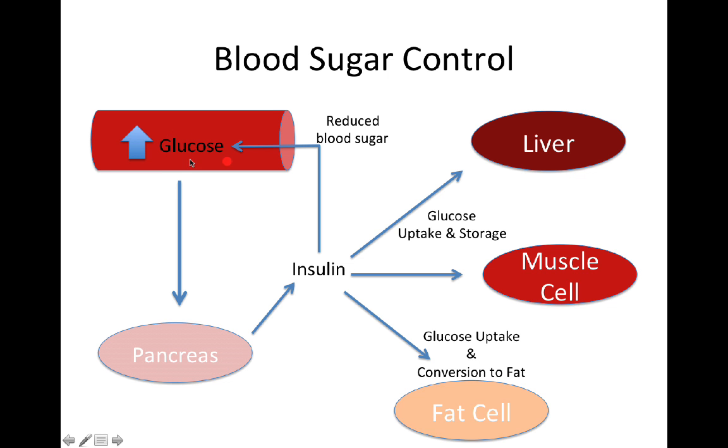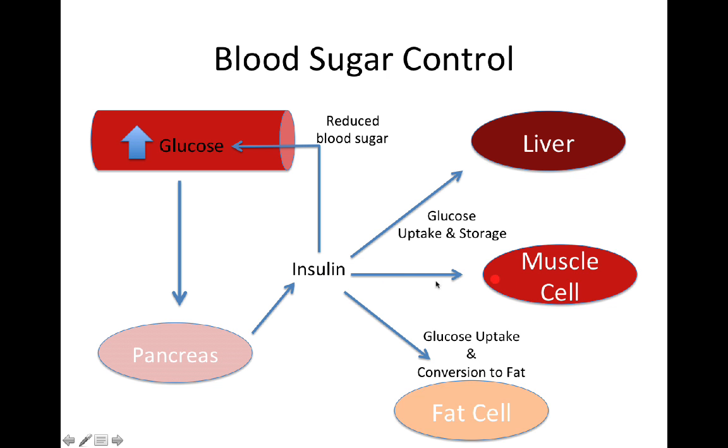So your body tries to regulate the blood glucose levels to keep it from getting too high. If your blood glucose levels go too high, your pancreas is going to sense this, and when it senses that they're too high, it sends out insulin, and insulin is going to have a variety of different functions throughout the body.